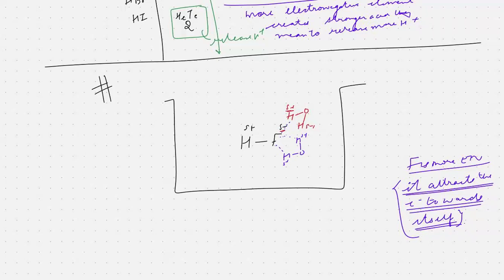How will you compare the negative charge on fluorine? Water will be attracted, but the strength with which the water pulls will depend upon the charges between H plus of water and the negative charge of F negative.